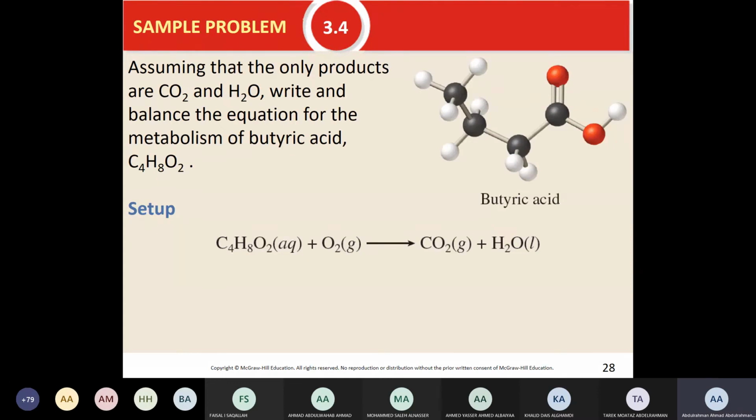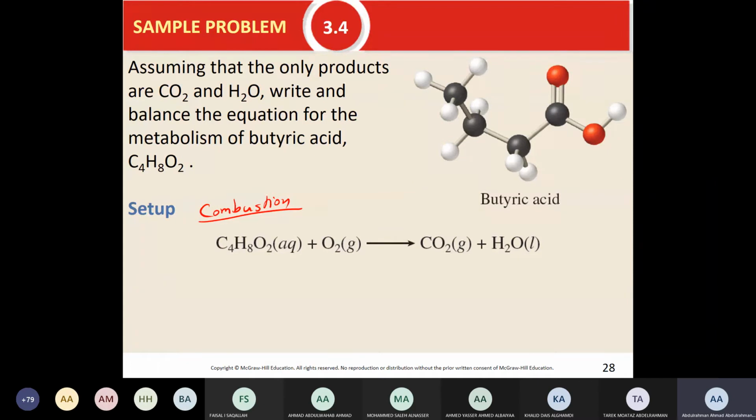Now, very quickly, balance this equation. You do it. Help me. Okay, let's do it. What's the name of this reaction? Combustion. Combustion, don't forget it.